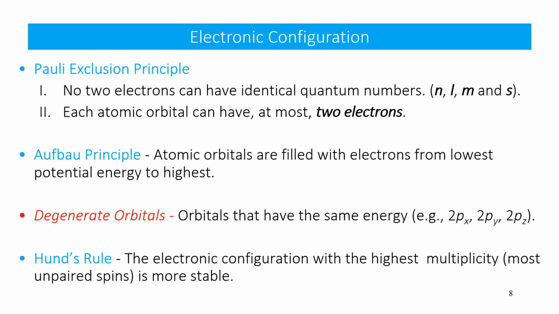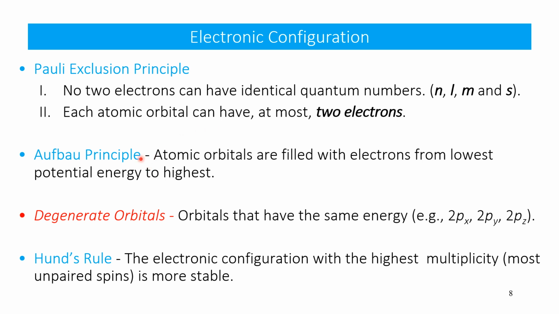These electronic configurations use these ideas. The Pauli exclusion principle states that no two electrons can have identical quantum numbers. So you can only have a maximum of 2 electrons in an orbital.